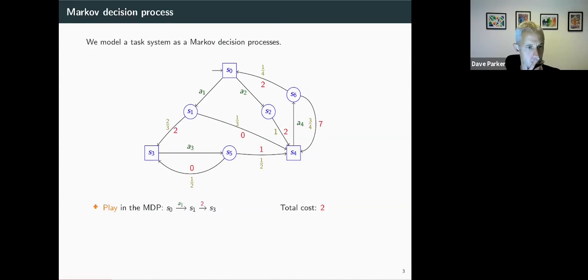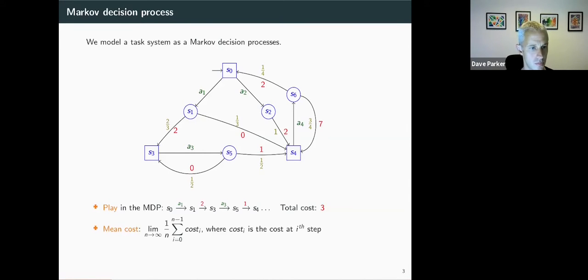Now again we have action A3. And with probability half, the state changes to S4 and total cost becomes 3. And so on. Now this creates a play of an MDP. Mean cost of a play is the average cost we get in this play at the limit.